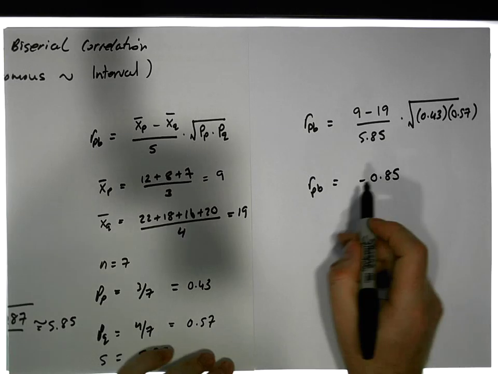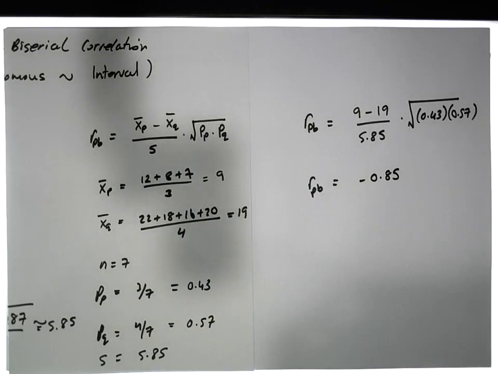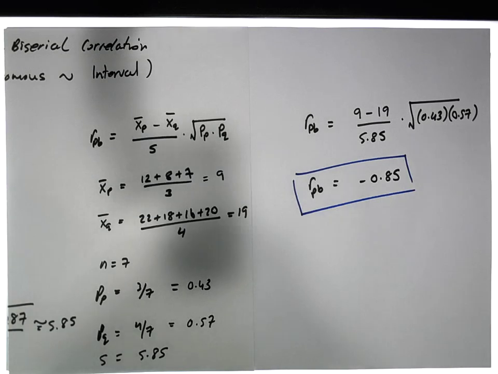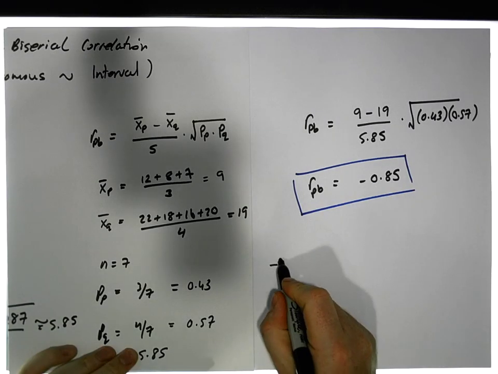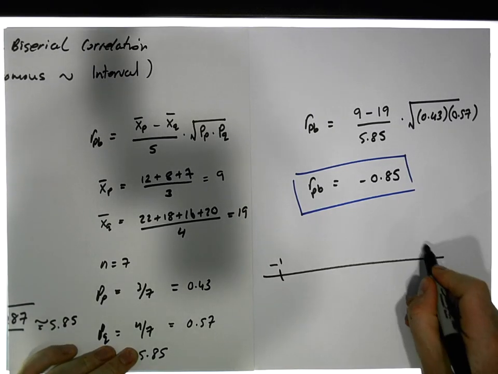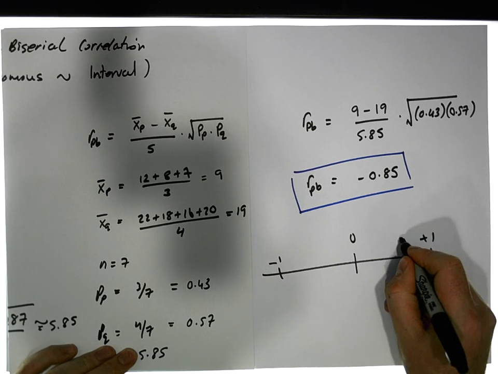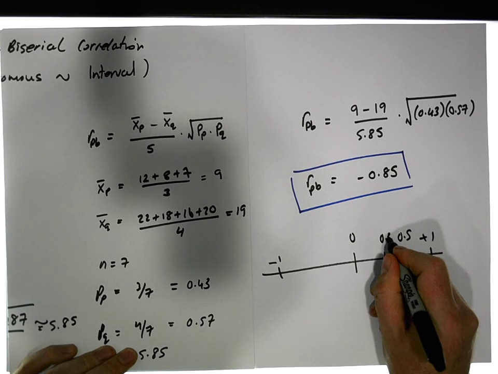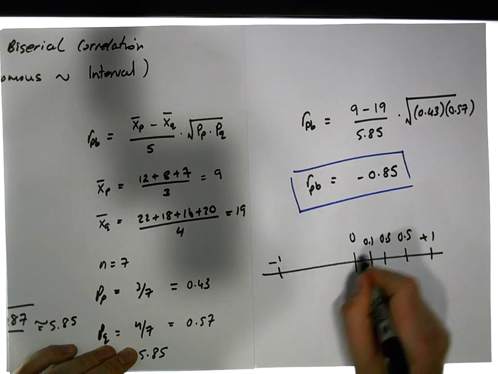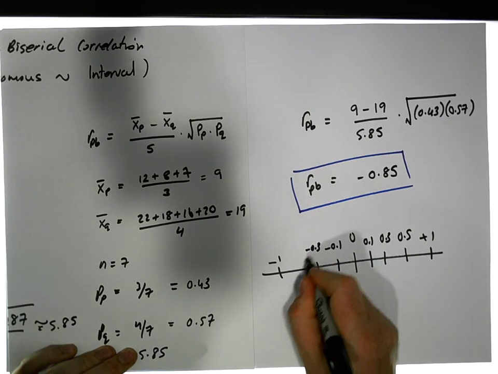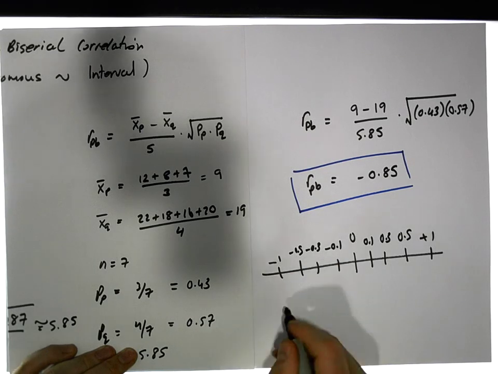We interpret this the same way as any other correlation coefficient, on the scale of minus 1 all the way up to plus 1. We have 0, 0.5, 0.3, 0.1, minus 0.1, minus 0.3, minus 0.5, and all of these intervals.